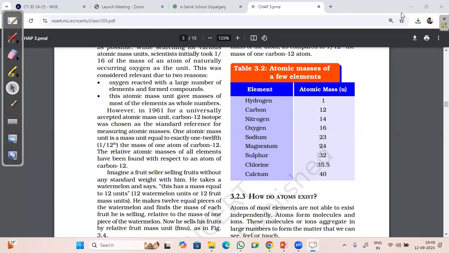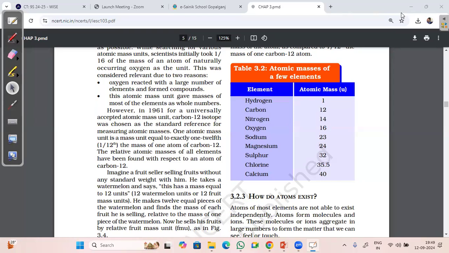Sulfur is 32, magnesium 24, chlorine 35.5, calcium 40. So these are some of them which you may need to remember, and this will be remembered on the basis of their sequence.